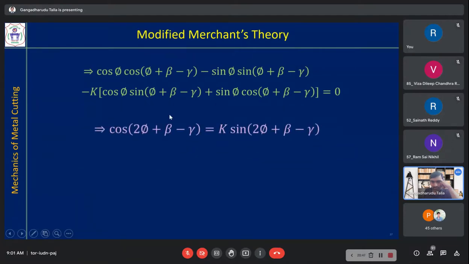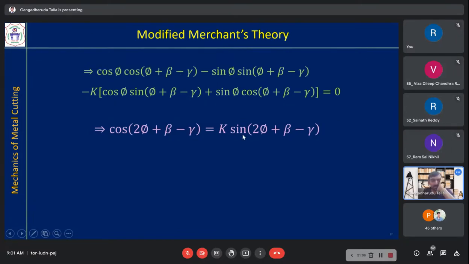Now finally, because cos A cos B minus sin A sin B is cos(A plus B), so cos(2 phi plus beta minus gamma). On the other hand, it is cos A sin B plus sin A cos B. So what is this?